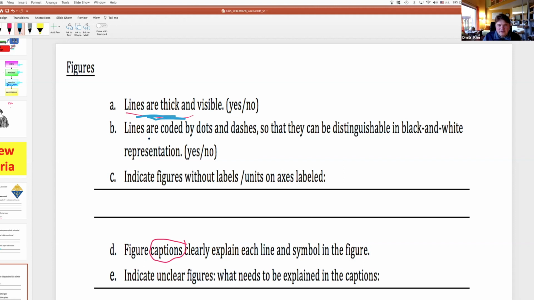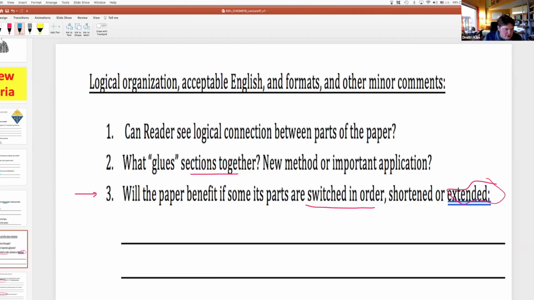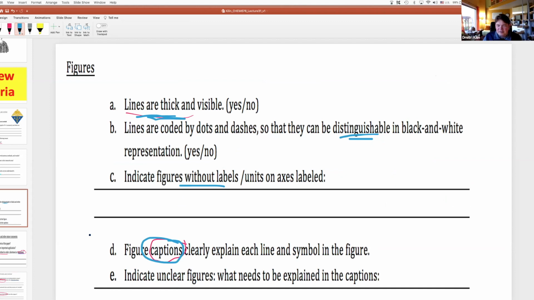So give credit for thick lines, if they are just distinguishable. Check if there are labels, and check as reviewers if there are captions. Each figure should have a caption. It's standard in the community. If it doesn't have captions, complain or criticize as a reviewer. Also criticize if something is not clear.